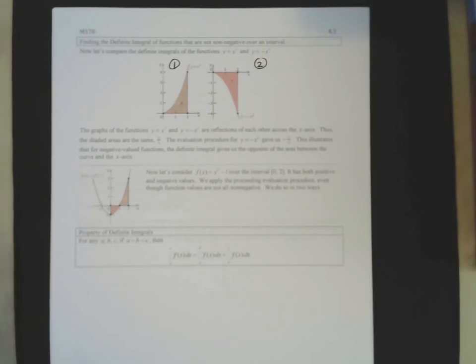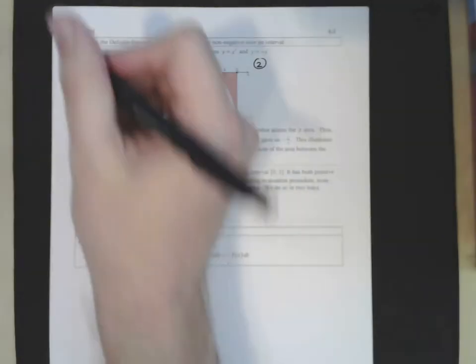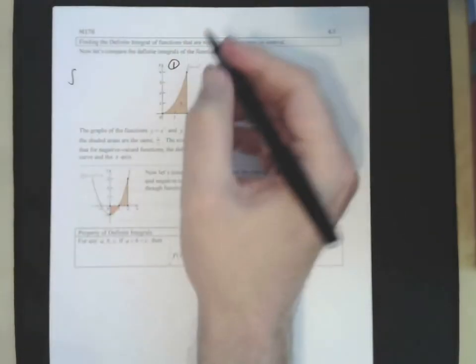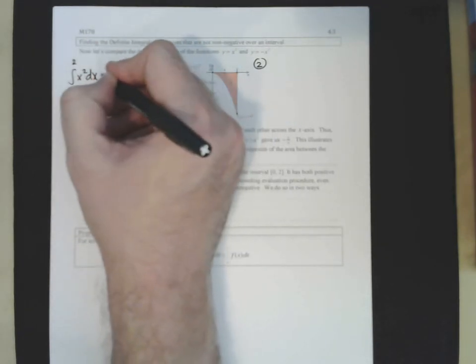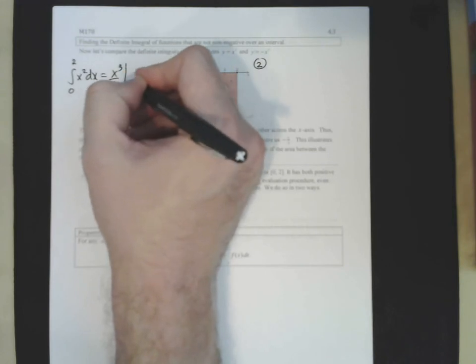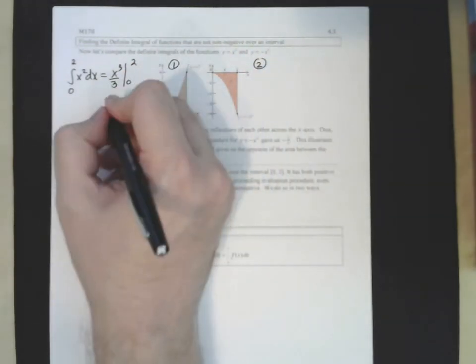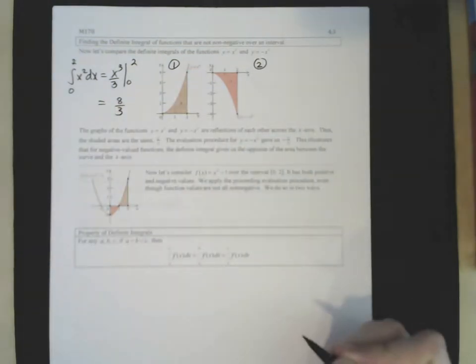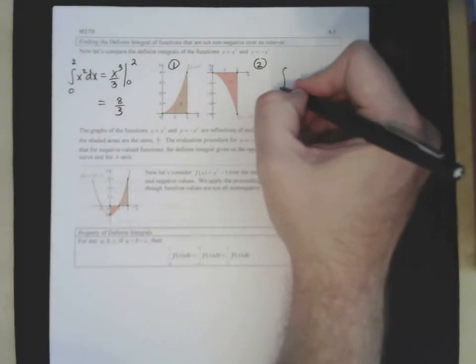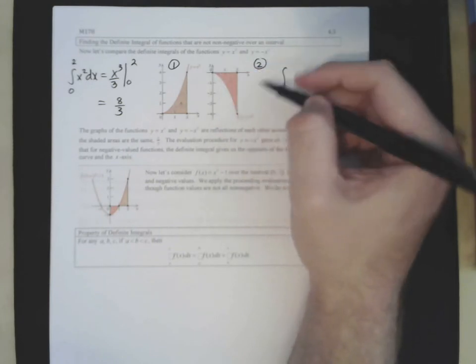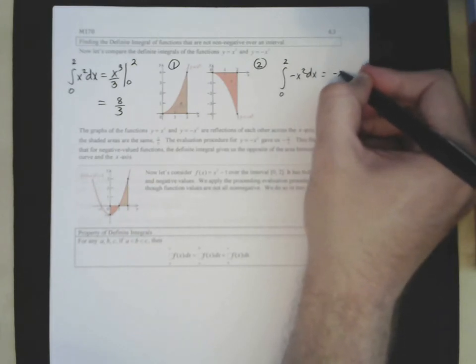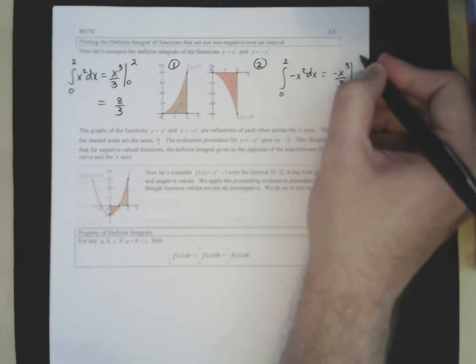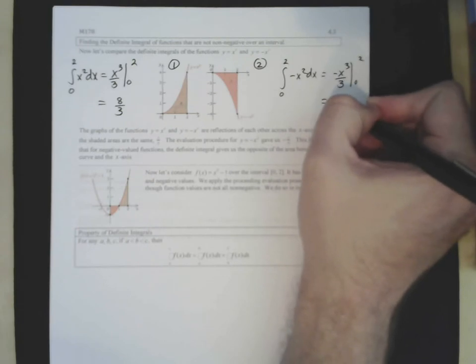Now, the graphs of the functions do basically the same thing, but if we were to integrate number 1, this would be the integral from 0 to 2 of x squared dx, or x cubed over 3 from 0 to 2, and this is going to equal 8/3. However, over here, if we do the area, this is again from 0 to 2. It's negative x squared dx now, which would be negative x cubed over 3 from 0 to 2, and this equals negative 8/3.